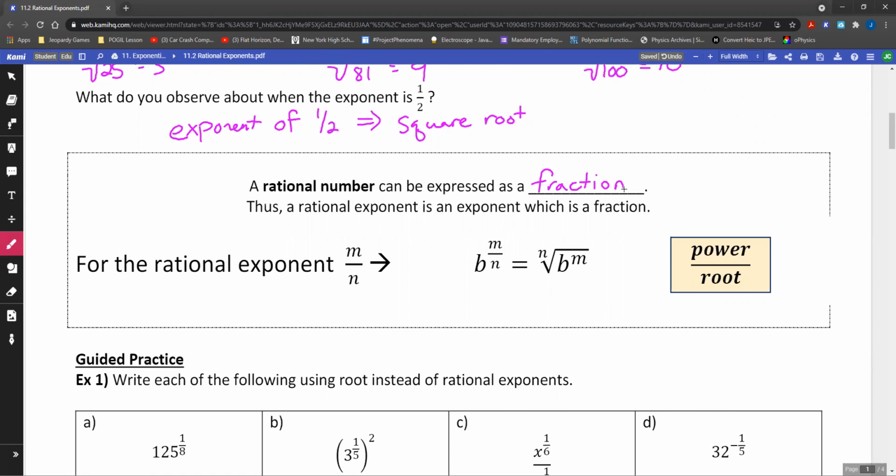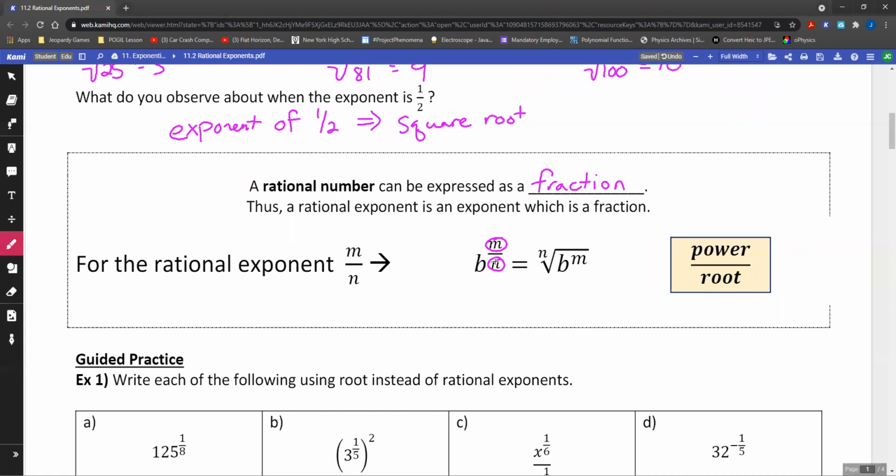Now here, if we have a rational exponent that's m over n, like here, then what that really means is that we're turning the fraction part into some form of root. So the top number ends up being the power that the number gets raised to, and the bottom number ends up being the root of that number.